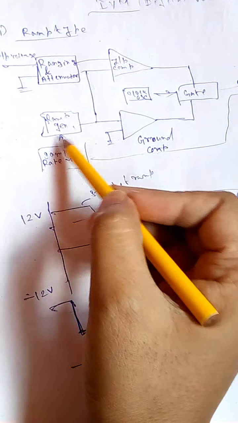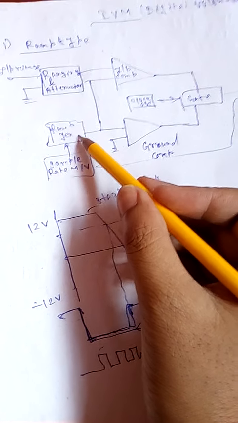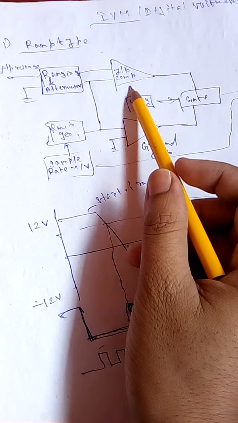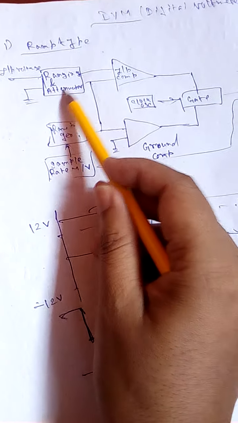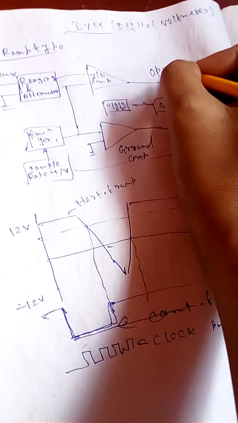The ramp generator output goes to the input comparator, where the ramp voltage and the input voltage from the ranging attenuator are compared. When the voltages coincide, the gate is opened.